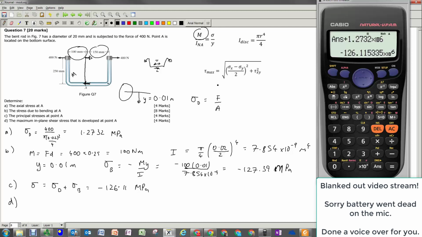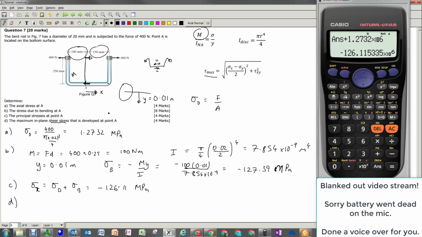Right, so now we want to do the shear stress. The equation I was going to use there is this term here. Notice, because we've got no torsion and no shearing, you don't really even need to use this equation. Basically we know that the maximum shearing stress is going to be half of our maximum direct stress.